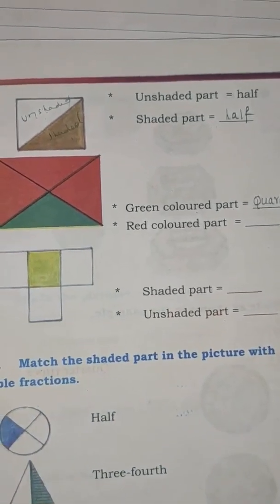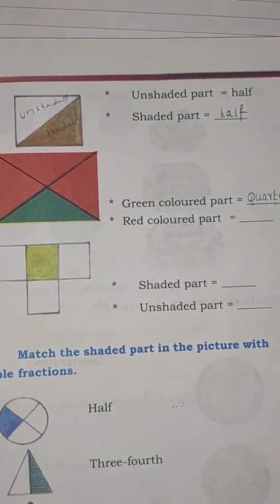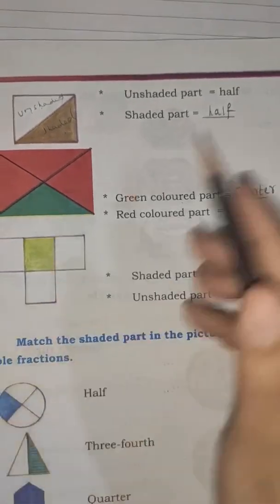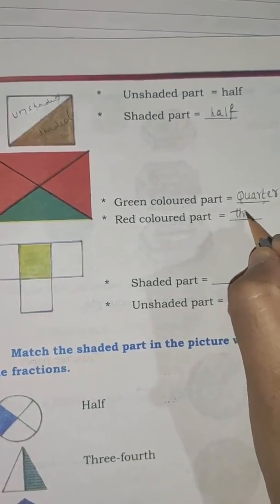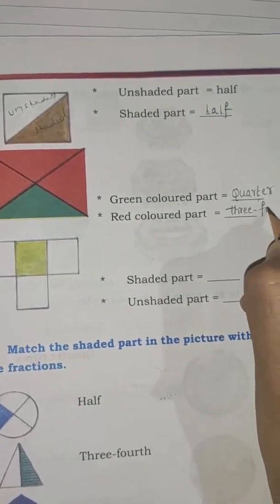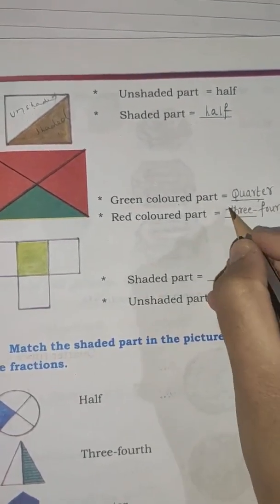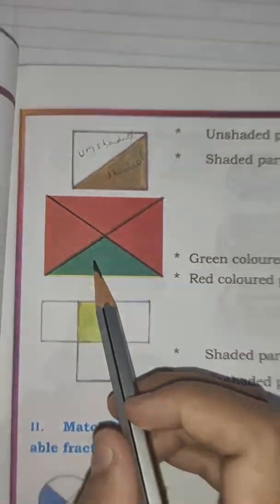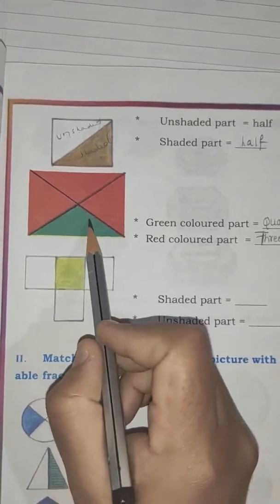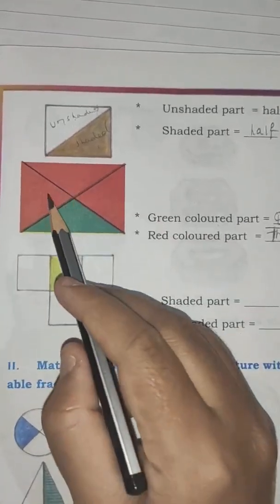Next one is here, red colored part. 1, 2, 3. Means 3 parts are colored. What do we have to write? Just try to recall what we have learned. Yes, it's 3/4. Okay, so here you can see the green colored part is 1, means it's quarter, and the red colored part is 1, 2, 3.